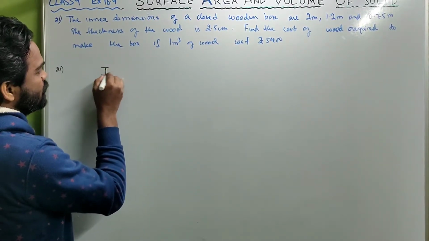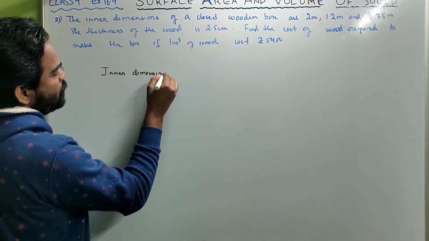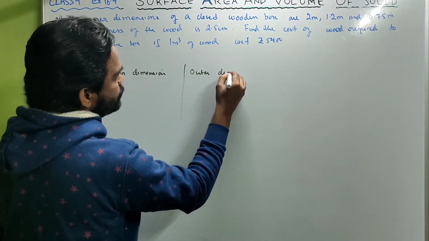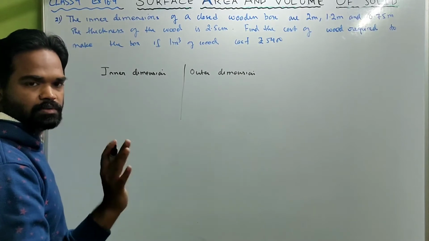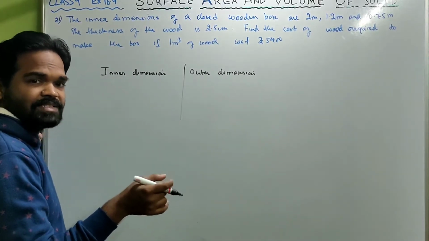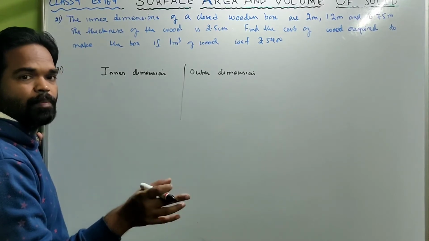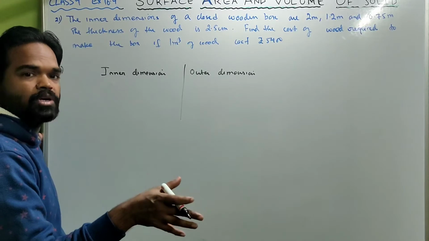See, inner dimension when you talk about the wood and outer dimension of the box, isn't it? Because when you imagine a box, the wood has some thickness which divides the entire solid figure into two parts: the inner cube, you can say, and the outer cube.